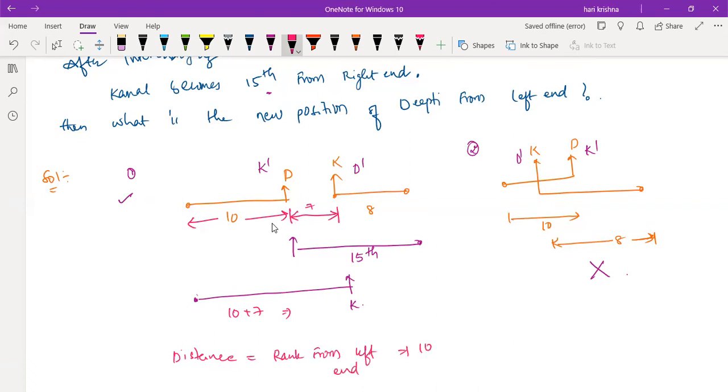How much? 10 plus 7, 17th from left hand. Understand? Or anybody has doubts? No doubt, sir.